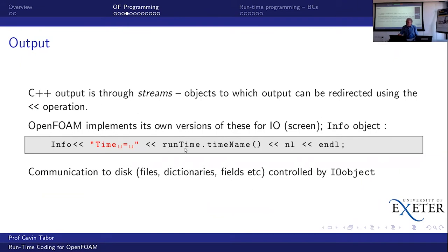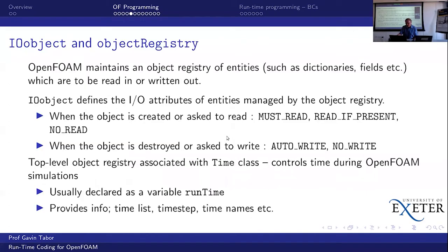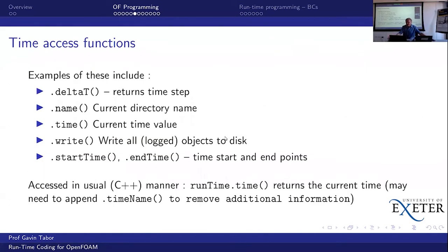Here's my variable runTime, my time instance here. I'm accessing a function, part of that class called timeName, and that returns the name of the current time that we are in the simulation. Other access functions here: timeStep, directory name, write, and things like start time and end time. These are all fairly obvious, I think.